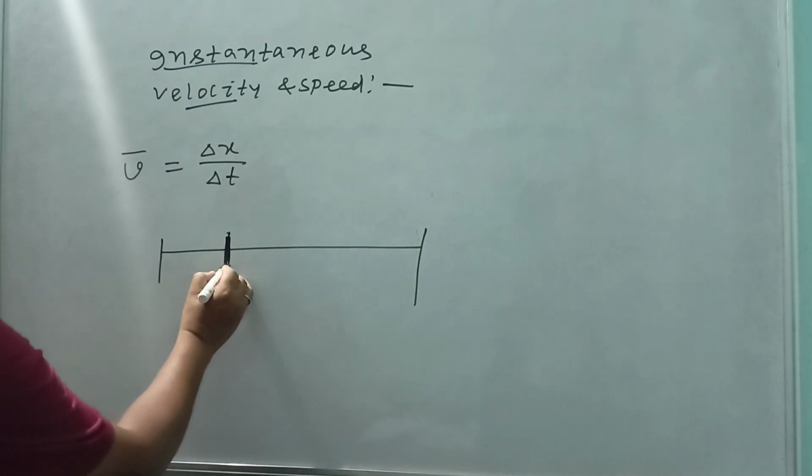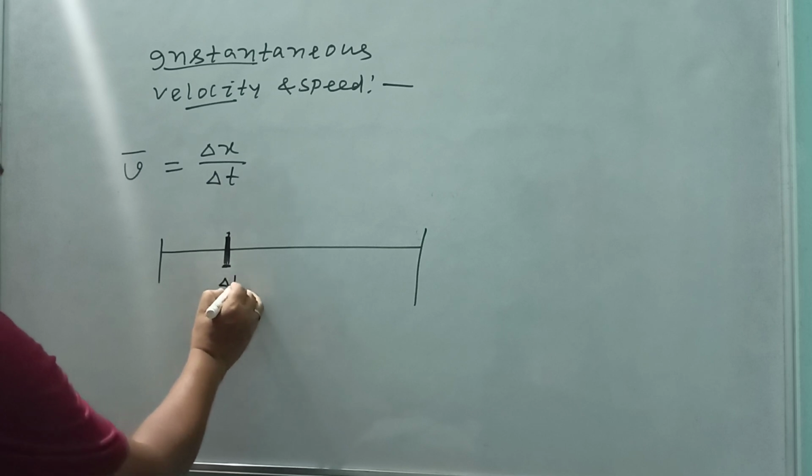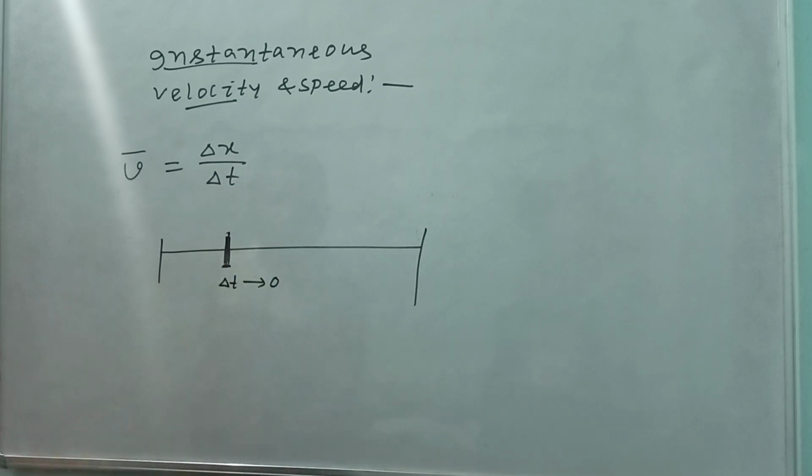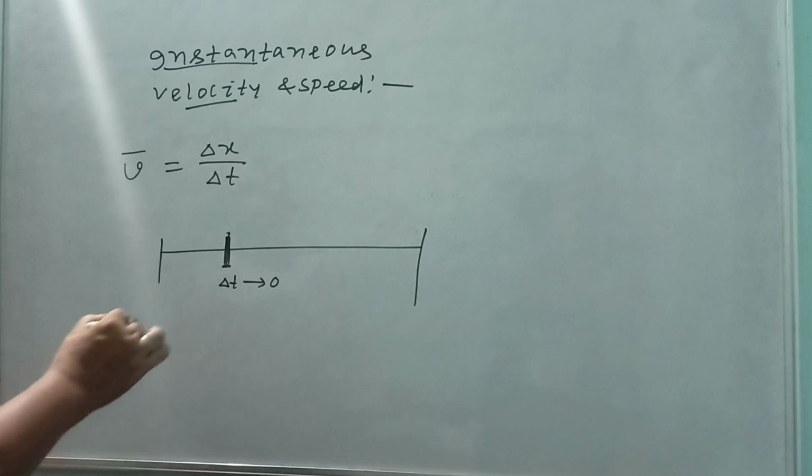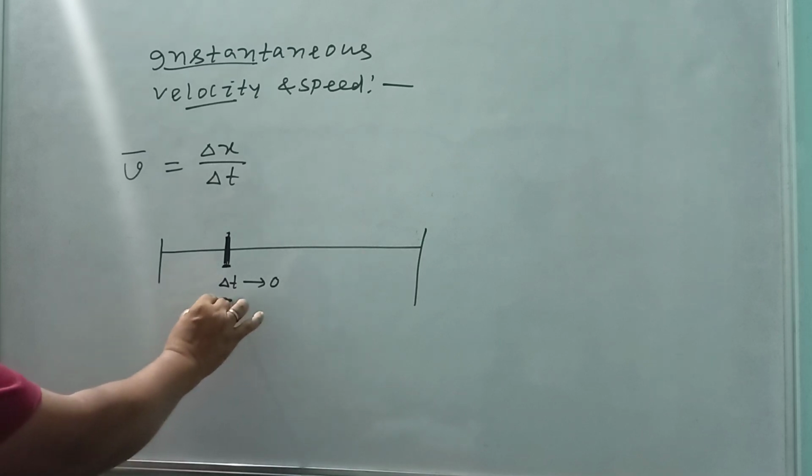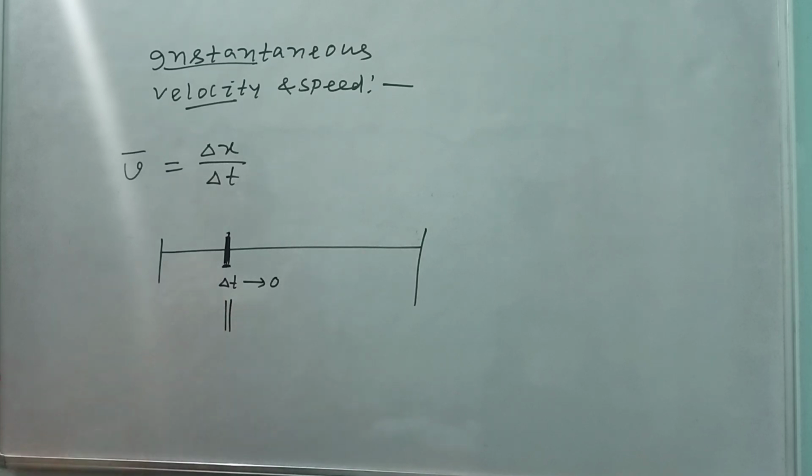So time interval is very small, means delta t tends to 0. Time interval between 2 points is very small, means delta t tends to 0. I mean these 2 points, here is a point, here is another point, very close.